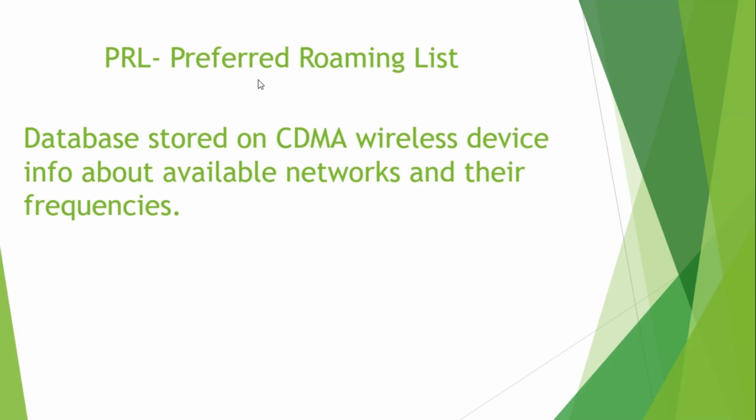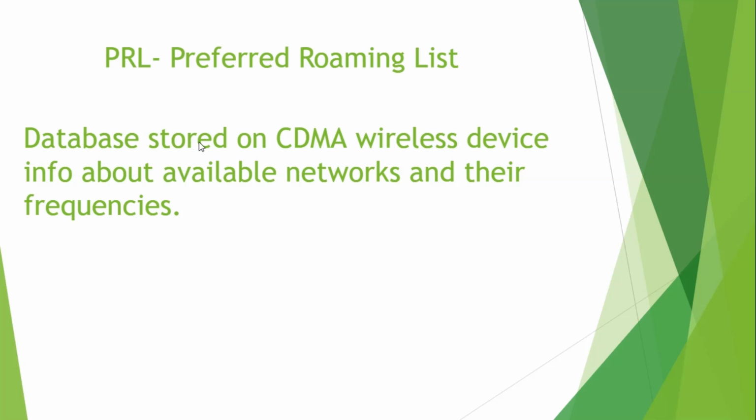Okay. The CDMA technology stores basically the database of all the cellular towers in your particular area. So wherever you may move, you can continuously keep that communication signal. That's basically what the preferred roaming list is.